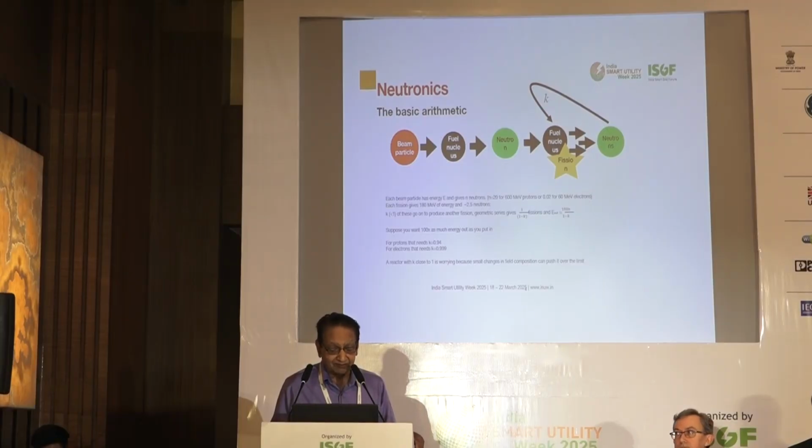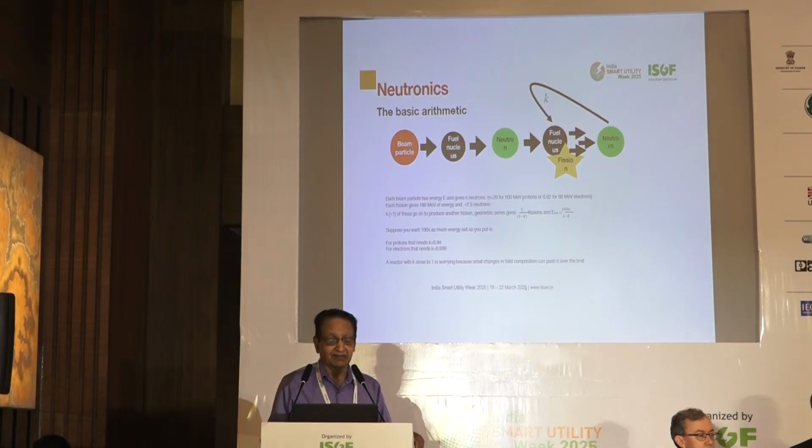So as we know, we operate reactors in subcritical mode. In case of protons, to produce a gain of 100, you need 0.94 criticality. And for electrons in a single cycle, we need 0.999. Of course, this is for a single cycle.